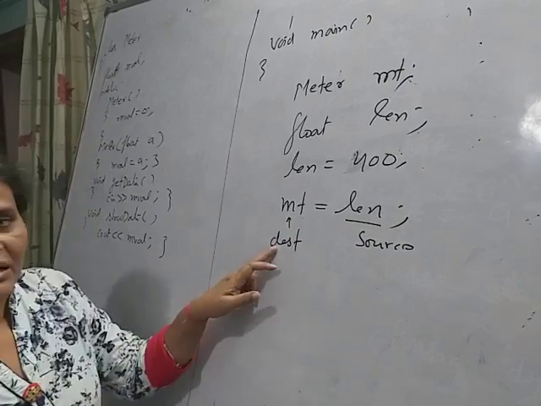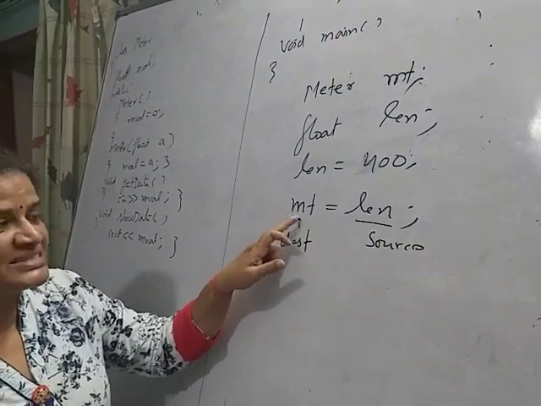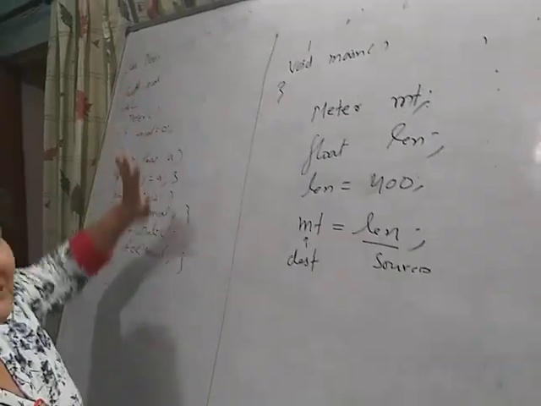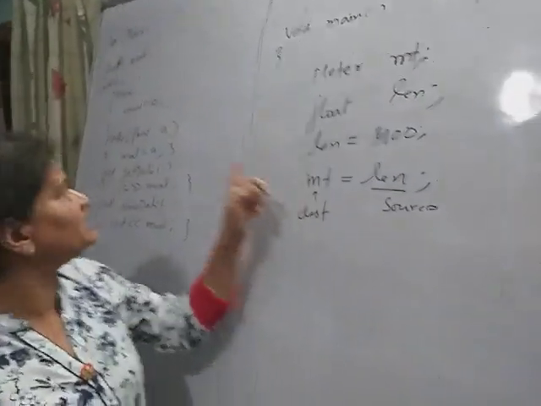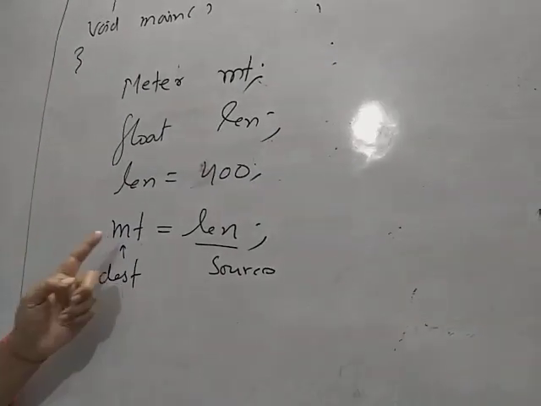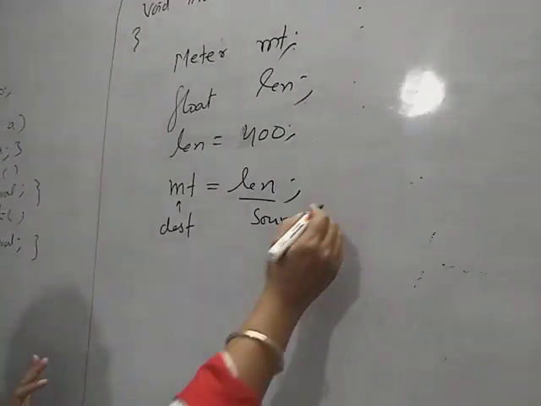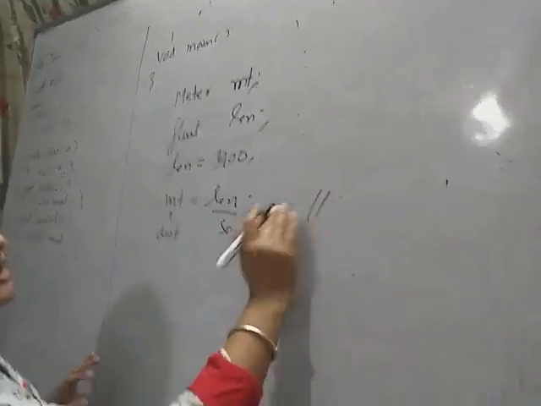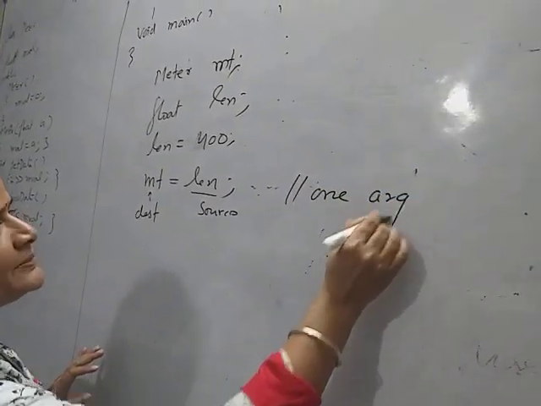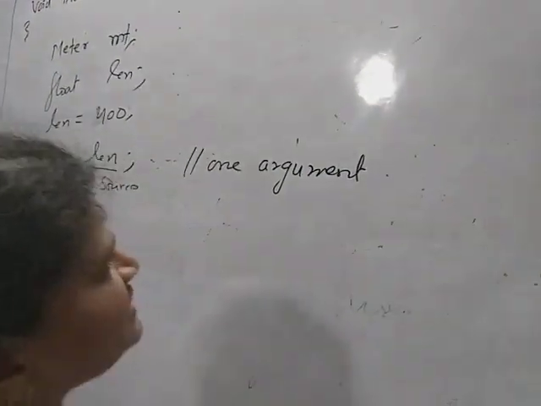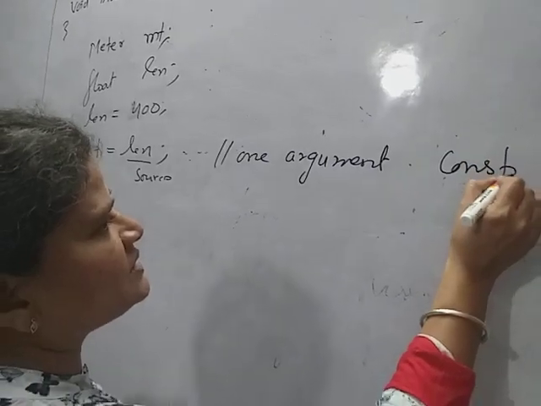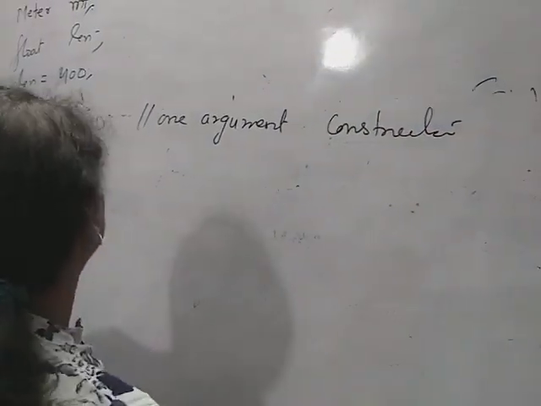So here in the destination object's class, mt's class, that is Meter, first the compiler checks whether the assignment operator is overloaded in the class or not. Here the assignment operator is not overloaded. After that, this is simply executed by calling the one argument constructor.